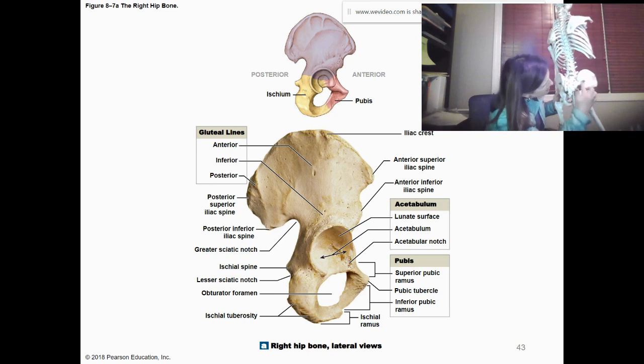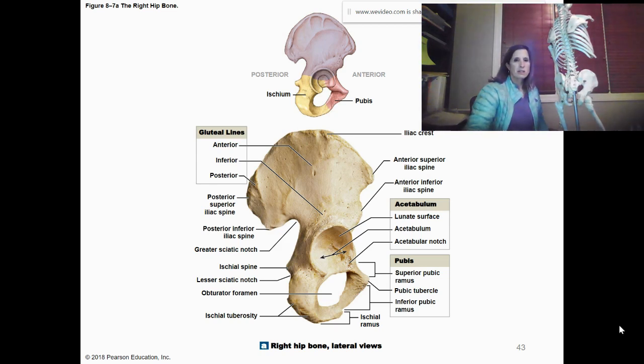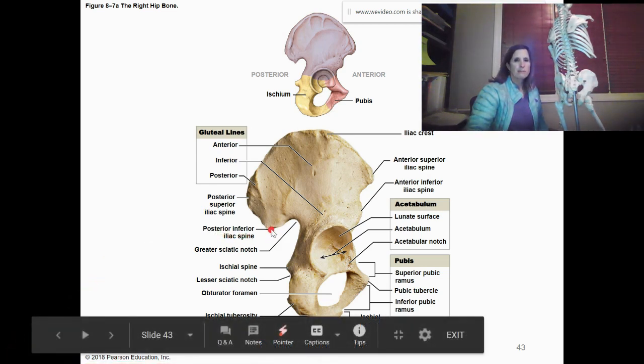This is the ilium. And there is something known as the greater sciatic notch. And it's right here on the PowerPoint. And so you should try to find this on your skeleton. See if you can find it. So this is called the greater sciatic notch. There is a lesser one, but the greater one is found on the ilium.